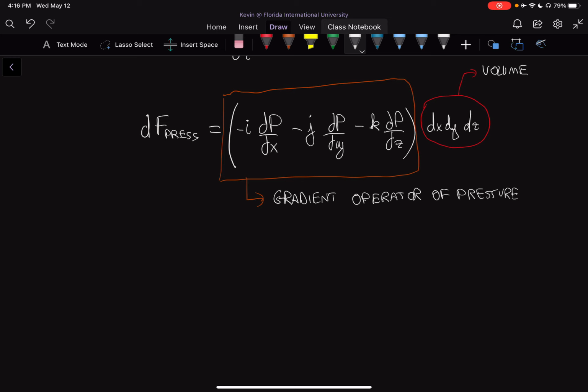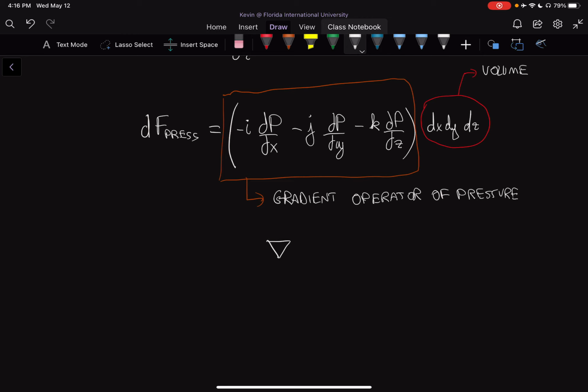Okay, so we do realize that the absolute pressure doesn't matter. It's the difference in pressure and the pressure variation that matters. And that's found in the gradient. And the gradient operator can be written as an upside down triangle.